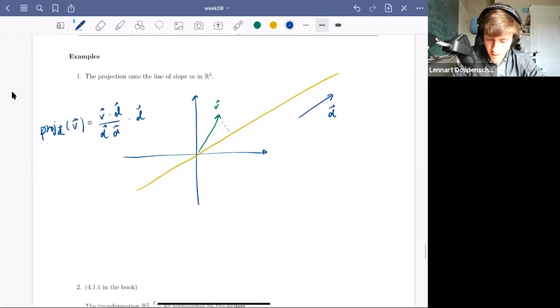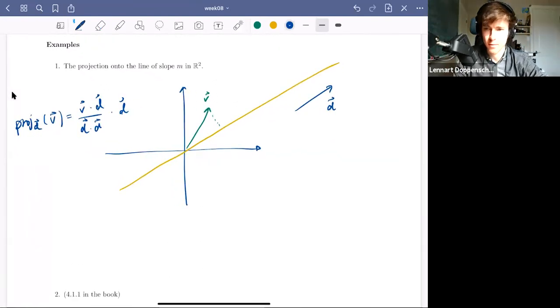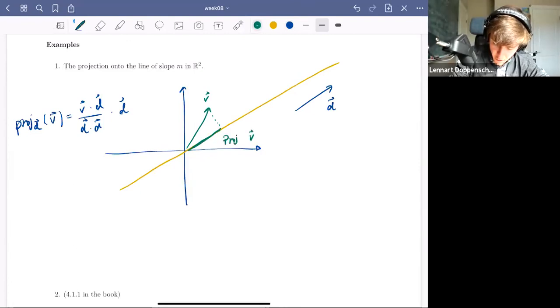But the important bit is just looking at this graphically, which is much more helpful now than any formula. The projection of v onto this line will be this vector.